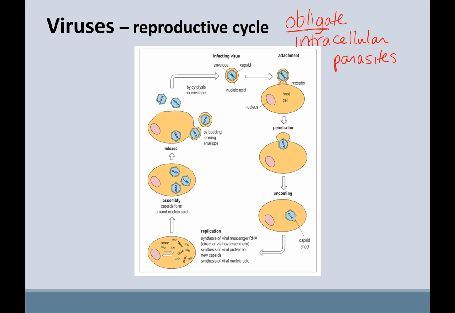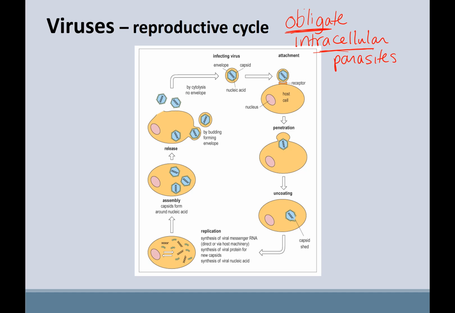That means they have to be inside a cell in order to reproduce. They're considered parasites because they will kill the cell. So this diagram shows you the basic reproductive cycle of a virus, so how a virus makes more virus.